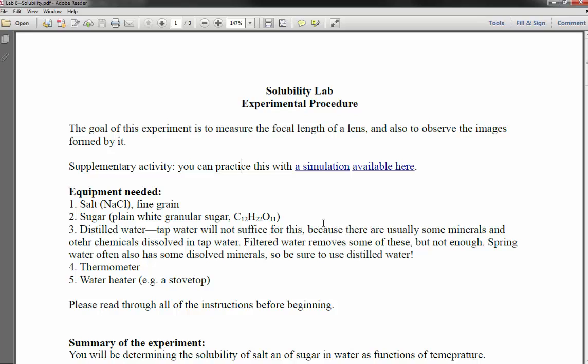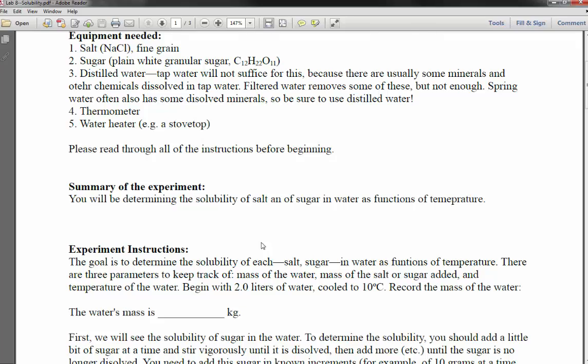First of all, in the lab that you're doing, you want to measure the concentration as a function of the temperature of the water. Second of all, you're measuring everything in units of grams of the solute dissolved per basically kilogram of the water that you're using.